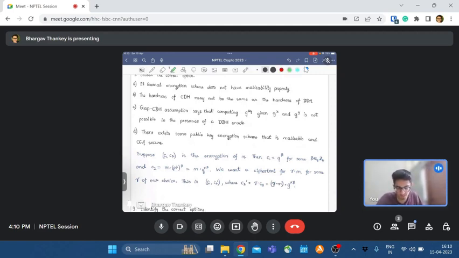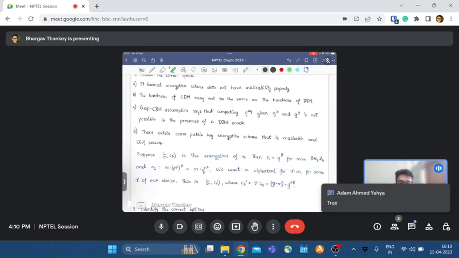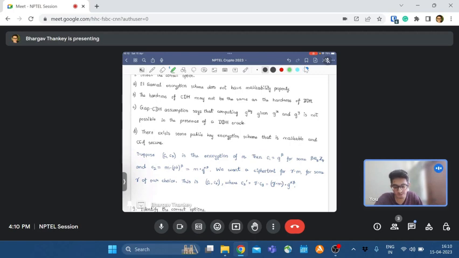What about option B? Option B is the hardness of CDH may not be the same as the hardness of DDH. Well, that is true because we in fact know of some groups in which CDH is believed to be difficult, but DDH is known to be easy. So B is true. What about C?